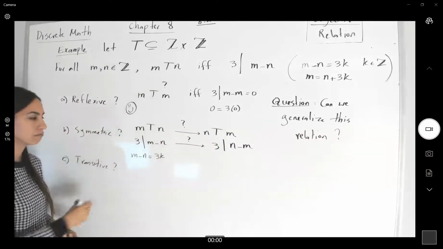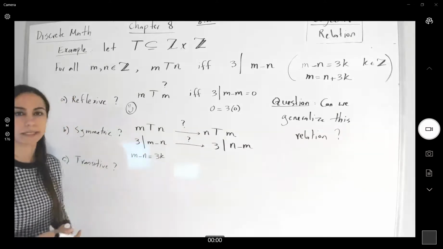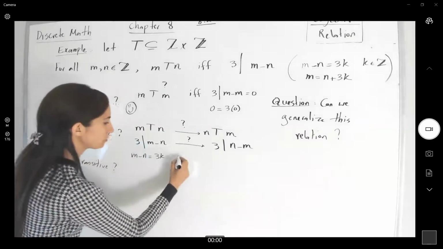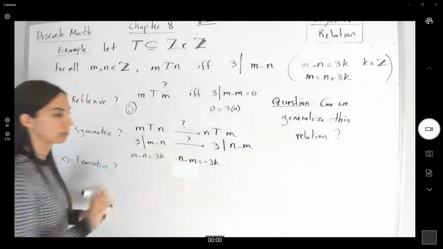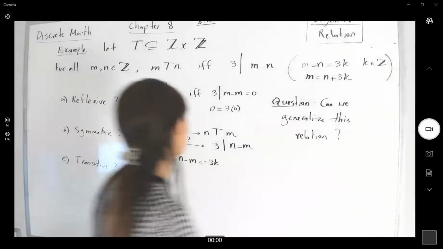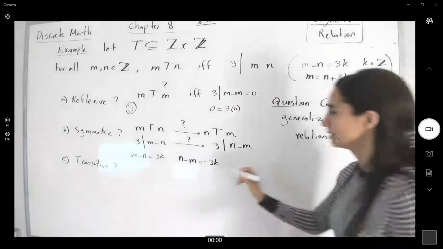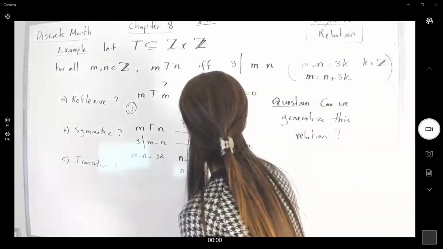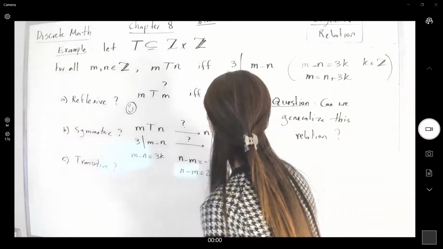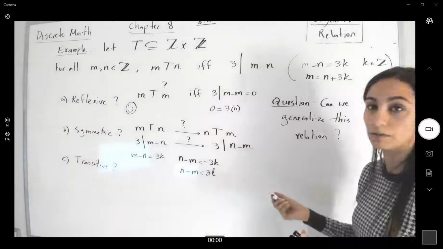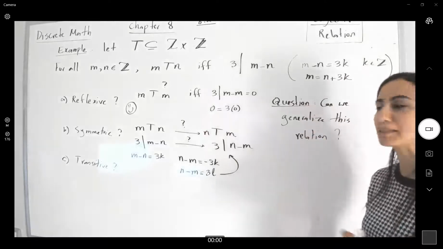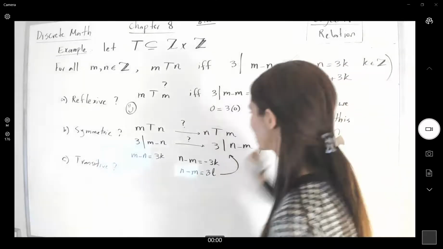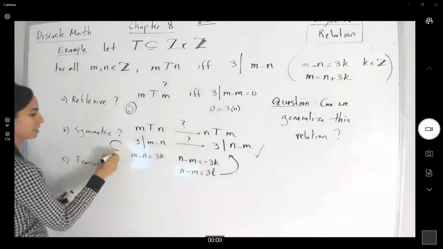Now multiply both sides by negative one. You get N minus M equals negative 3K. But negative K can be called L. So N minus M is equal to 3L. What's the meaning of that? It means that 3 divides N minus M. So it is symmetric.